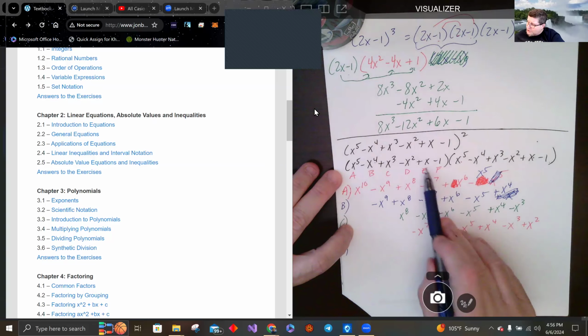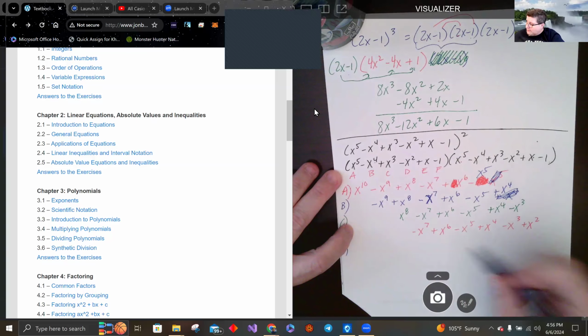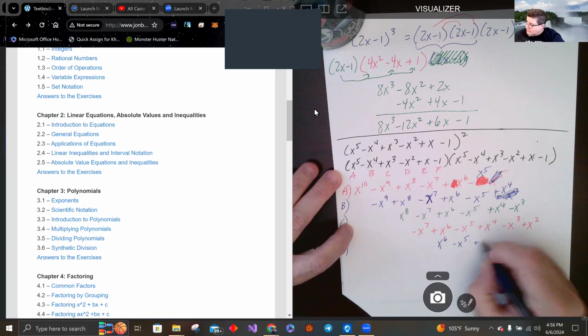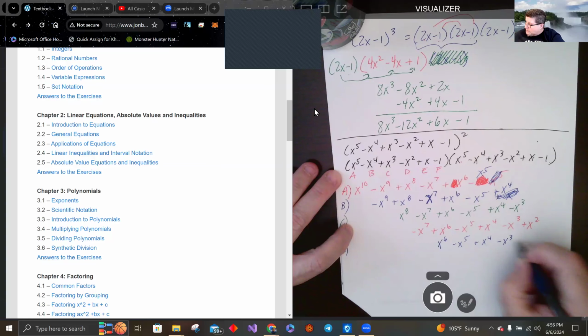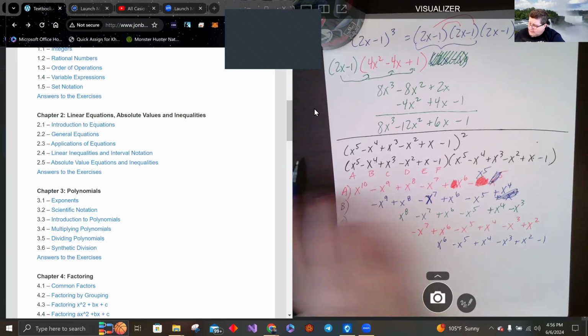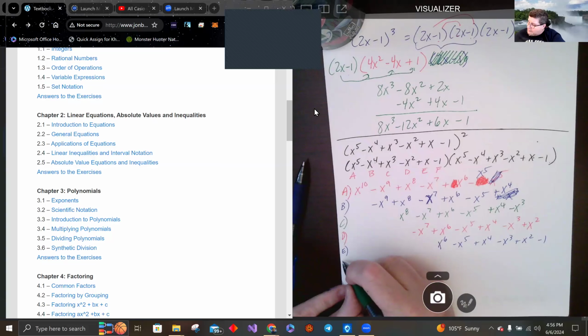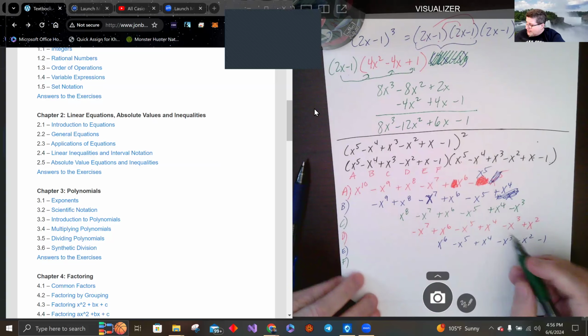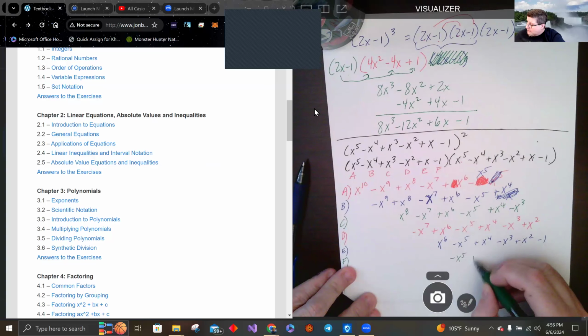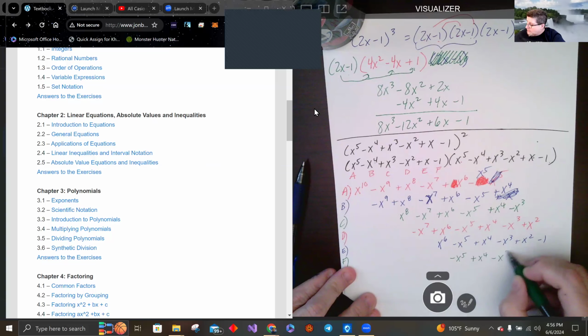X times all these just increases the exponent by 1. And finally, minus 1 is just doing the negative version of that last thing. That should be a minus x right there.